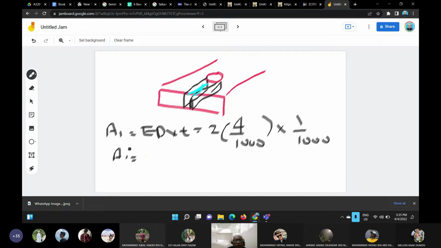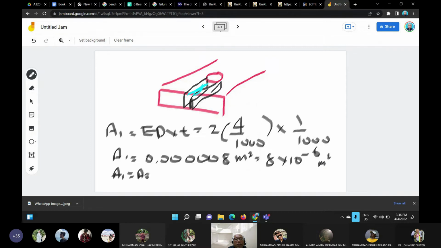So you get 0.000008 meters square, or we can say 8 times 10 to the minus 6 meters square. So area 1 equals area 2.